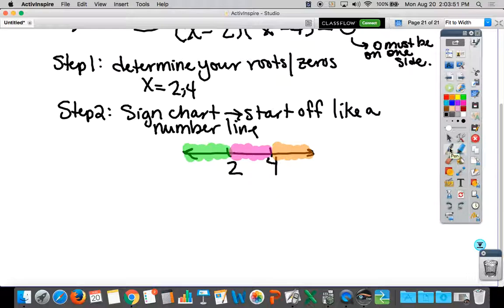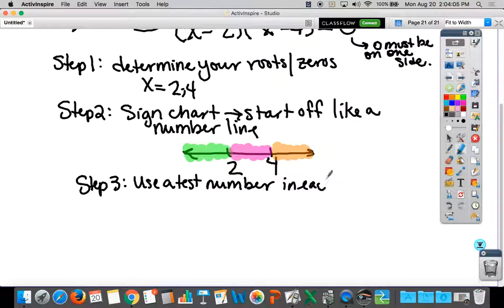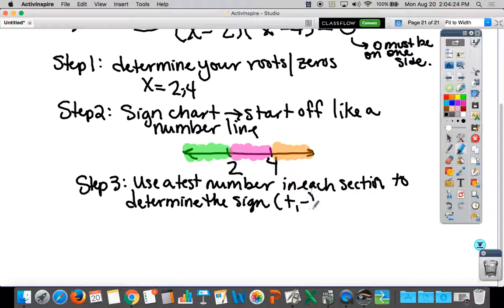So step 3, use a test number in each section to determine the sign. And by sign, I mean positive or negative. So everybody take your calculators out.